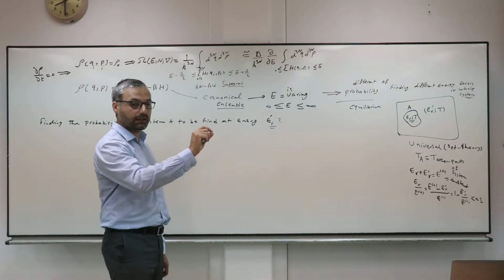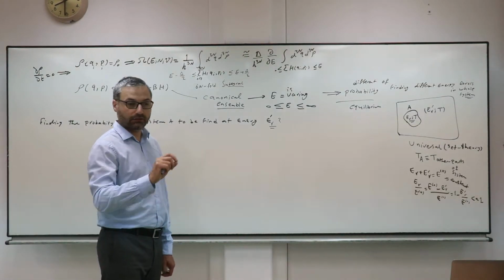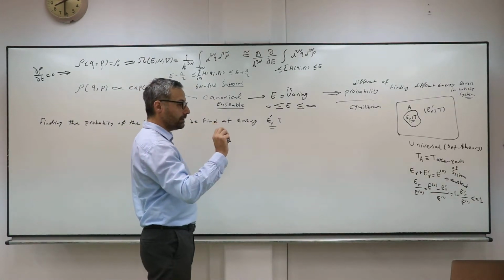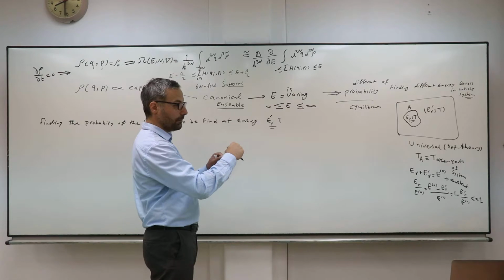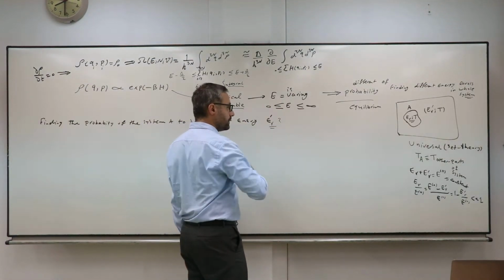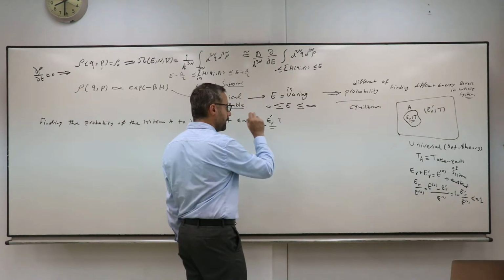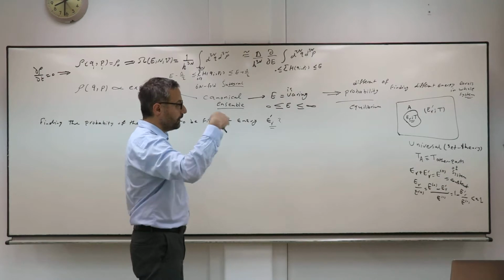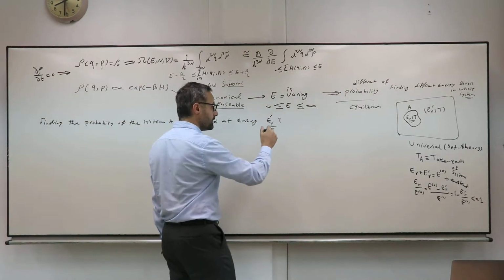If you have just 3 energy levels and you want to choose a very special value of the energy, you have a smaller number of possibilities. If you have a huge range of energies, the probability of finding a specific value of the energy will be higher than when you have fewer possibilities.